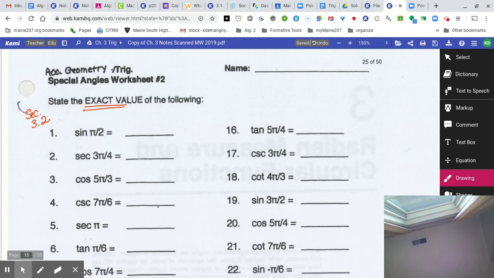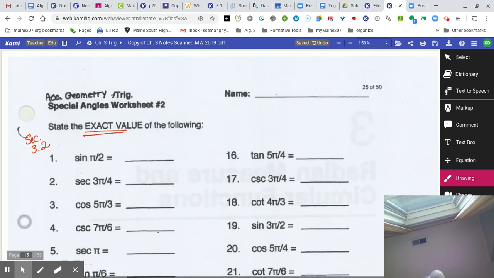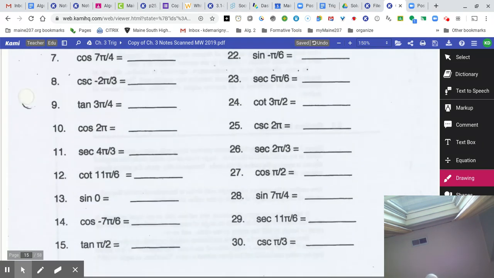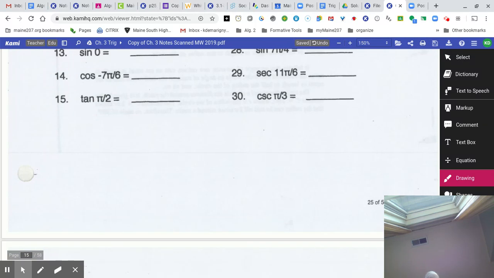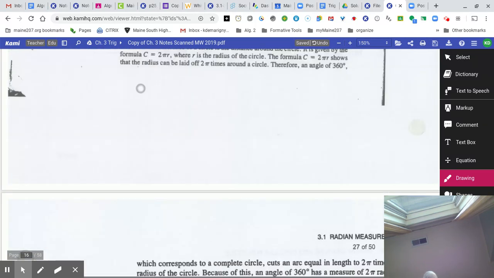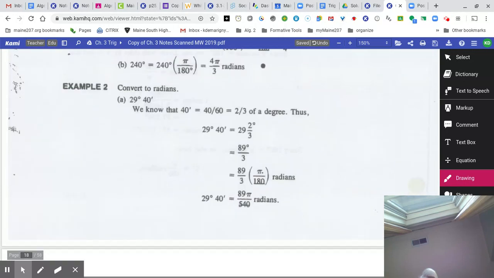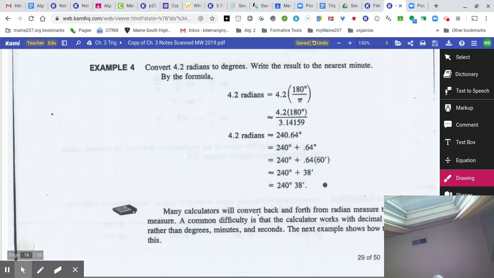You may have done that in the other packet. I believe you had done, is this worksheet 2? No, it's worksheet 2. So I don't think that you have done this one. So make sure you do that one. There are some more notes that came out of that first packet that you had. Those are all here. Again, if you want to read more about radians, those are all there.